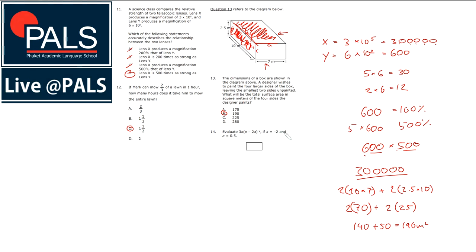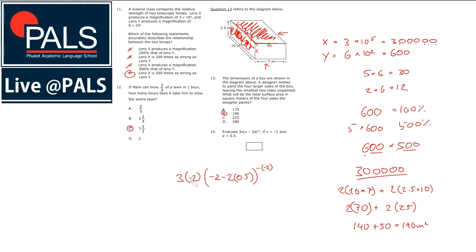If x is equal to minus 2 and a is equal to 0.5, so just put that in. 3 times minus 2 multiplied by x minus 2 minus 2 minus 2 times 0.5 to the power of minus 2.